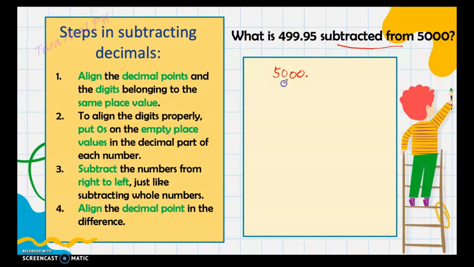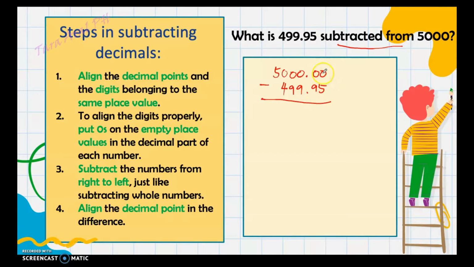Then you can now align it to 499.95. Then, to align the digits properly, put zeros on the empty place values in the decimal part of each number to have the same number of decimal places. Then subtract, just like subtracting whole numbers, from right to left.